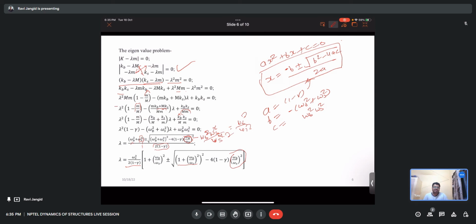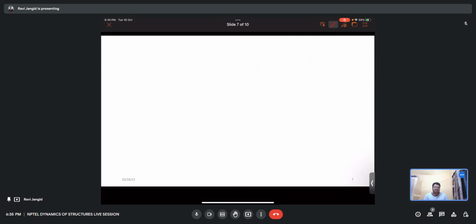Minus 4 times 1 minus gamma. And we have discussed that epsilon is omega b over omega s square, so we will replace this with epsilon. If I replace this with epsilon, this is what my equation becomes.